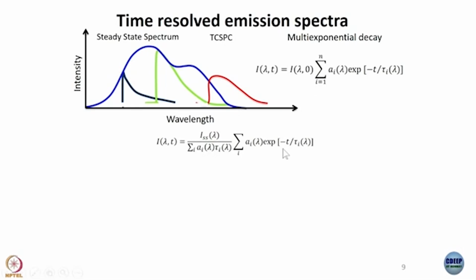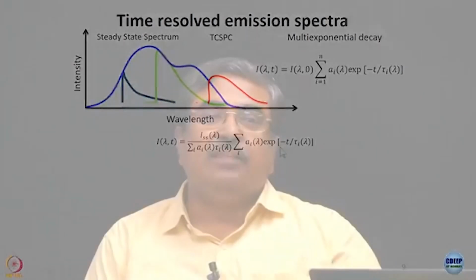Generally, when you do time correlated single photon counting, as you might have seen when we did the lab session, you record up to 5,000 counts or 10,000 counts or 20,000 counts. So, everything seems to have the same I at time 0, which is not really the correct case, because you have recorded for different times.